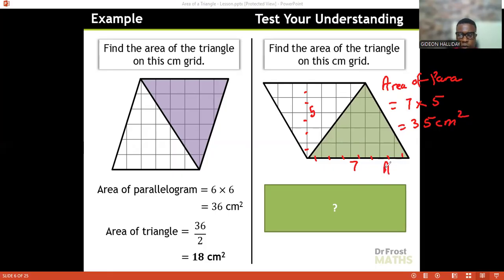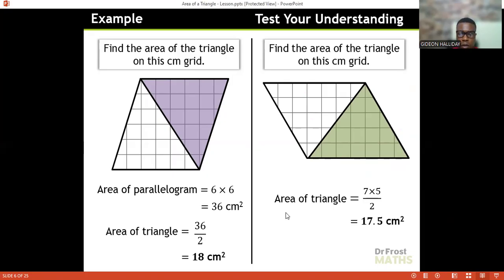Then the area of the triangle would be 35 divided by 2. That's 17.5 centimeters square. All right. Okay, great.